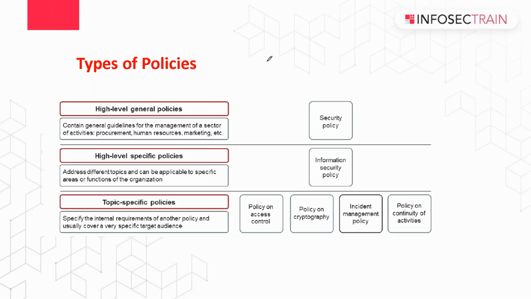So when we add a policy, we have four phases, either it's a high level specific or topic specific policy. What we require is management support to approve. First, we do a risk assessment.